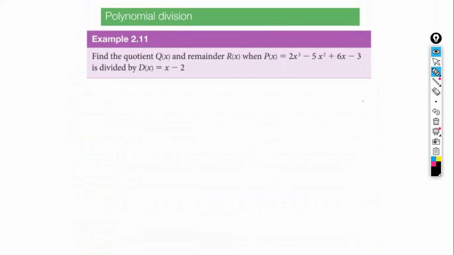Very well, in the next slide we're going to look at polynomial division, specifically example 2.11. It says find the quotient q of x and the remainder r of x when p of x equals 2x cubed minus 5x squared plus 6x minus 3 is divided by d of x, x minus 2.